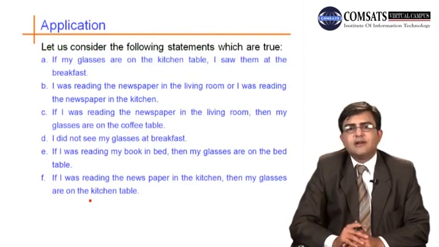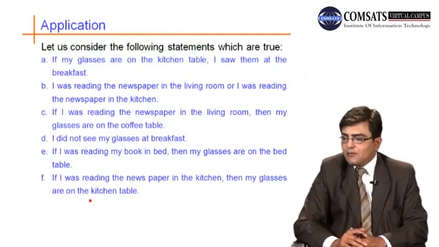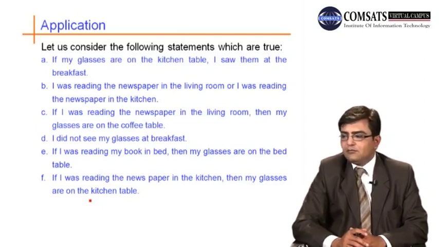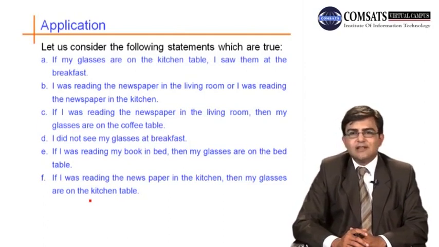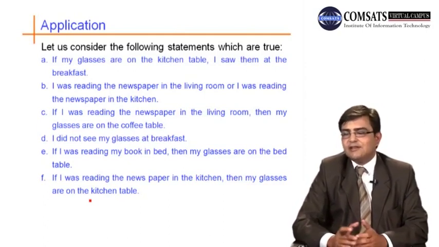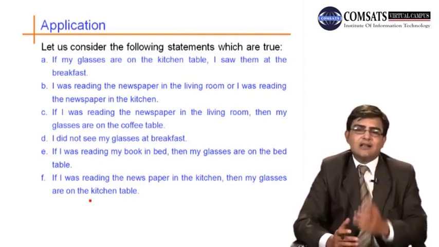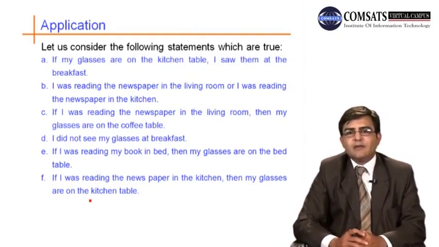Next, we consider an application in daily life, how we use logic and valid or invalid argument forms to find the glasses. Usually some people forget their things. For example, sometimes I forget my glasses or my mobile.